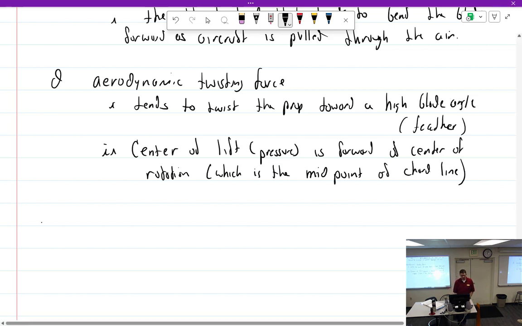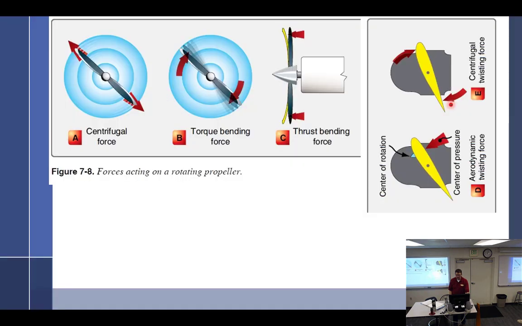It almost doesn't matter, because it's not that great of a force when compared to centrifugal twisting force. Due to the mass of the blade, this force tends to make the blade go to a flat angle.